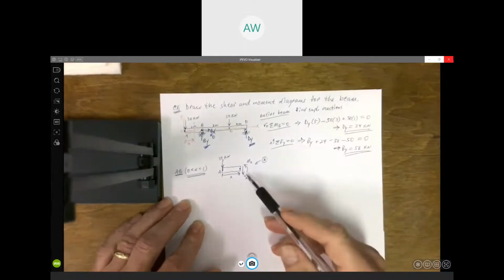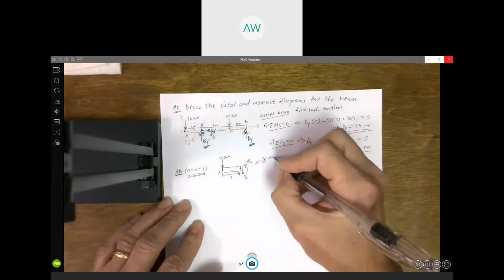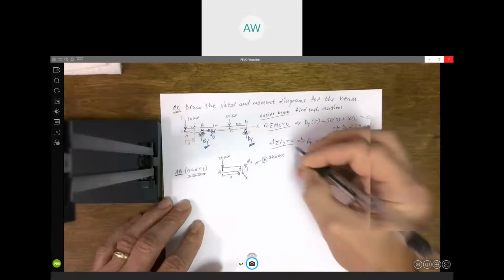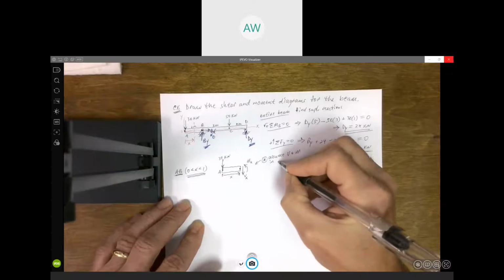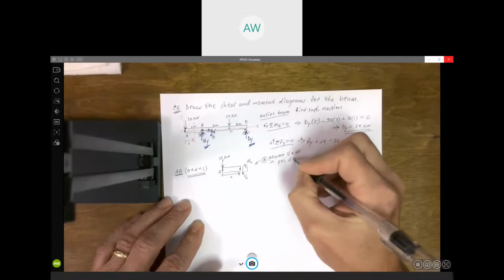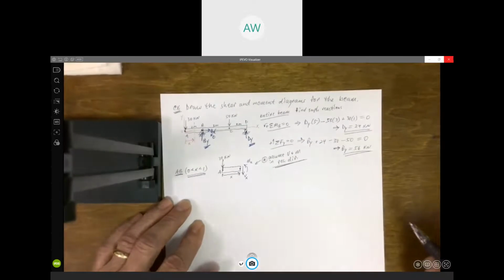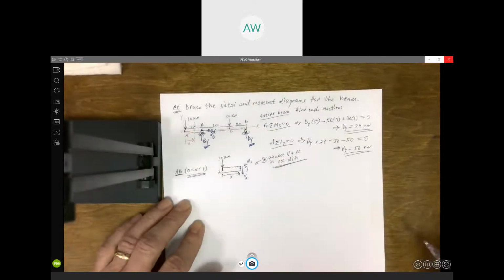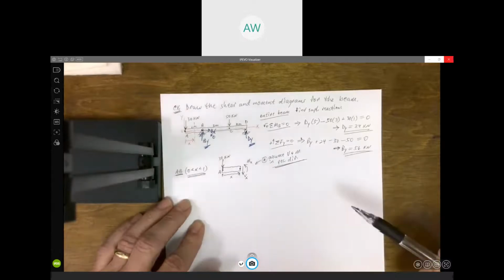So this was not just an arbitrary decision on my part. I intentionally did this. I assumed V and M are in the positive direction. So always do that, which, by our sign convention here, V goes down, M's counterclockwise.